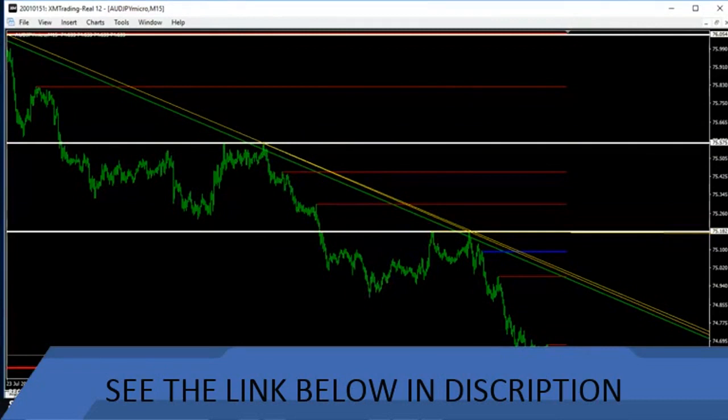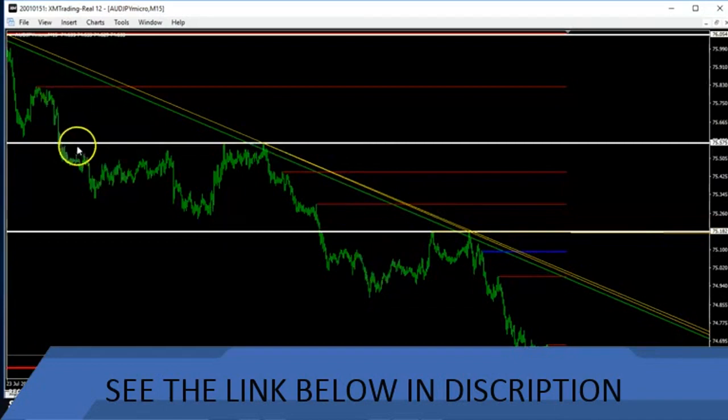Break, retest, touch, boom, your trade activates, 100 pips. Do you see? So this line now is here because we are expecting the next break, retest, touch, and drop 100 pips.